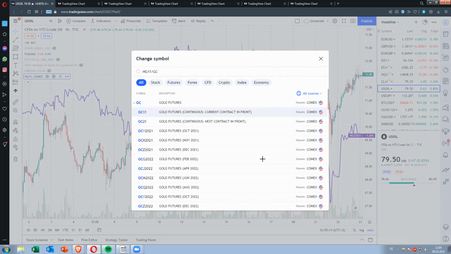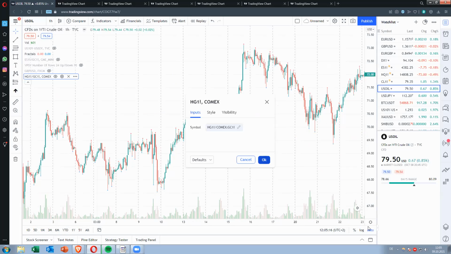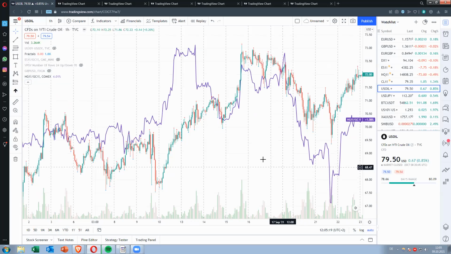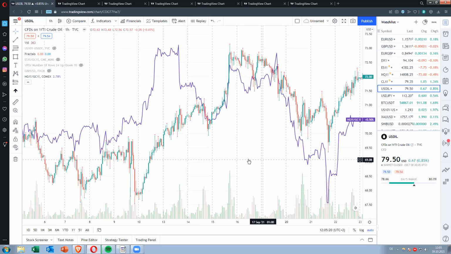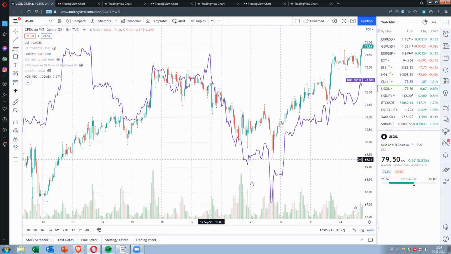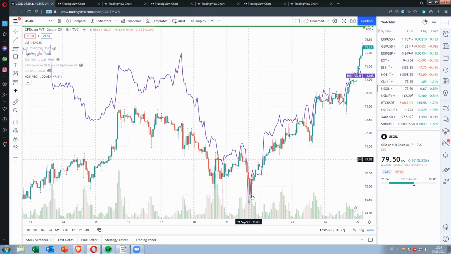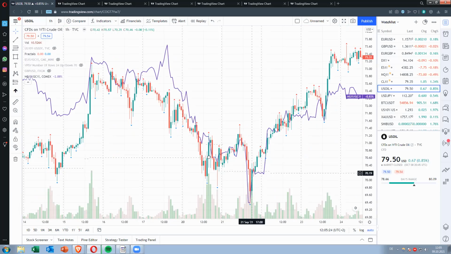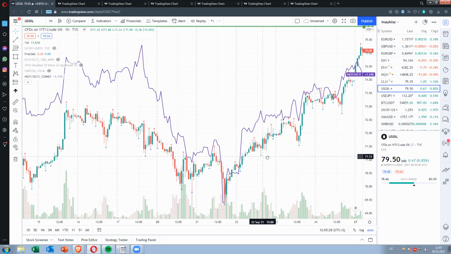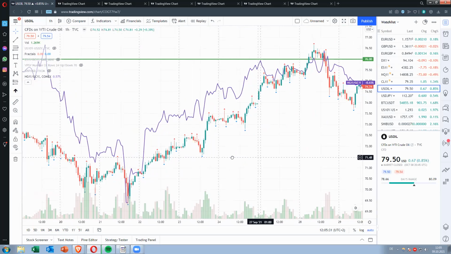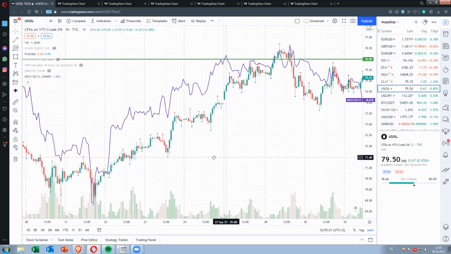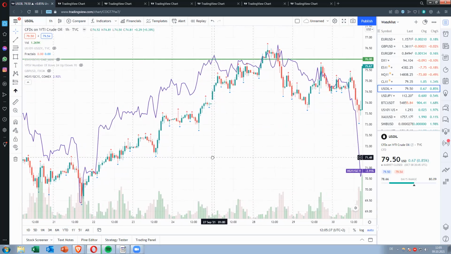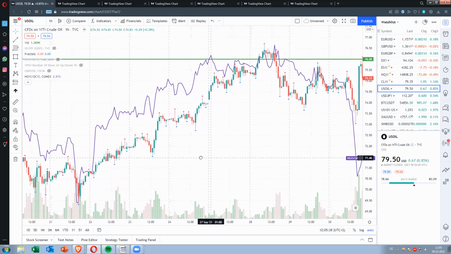If you take this, you obviously see that there is some correlation, not only a little bit, but big correlation actually, because you see, I'm going price by price. Look at this. Boom, boom, boom, boom, boom.